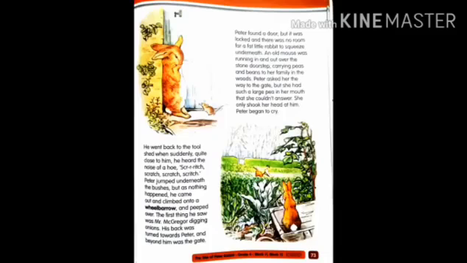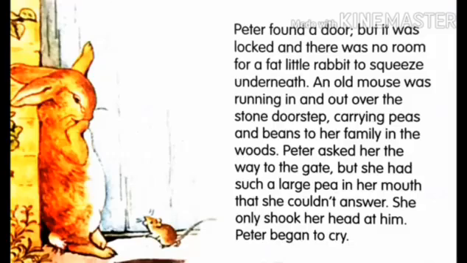Now let us move to the next page, page number 73. Now see the first paragraph. What happened to Peter after escaping from the shed? Peter found a door, but it was locked, and there was no room for a fat little rabbit to squeeze underneath.